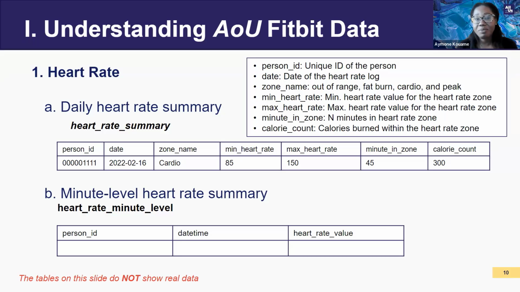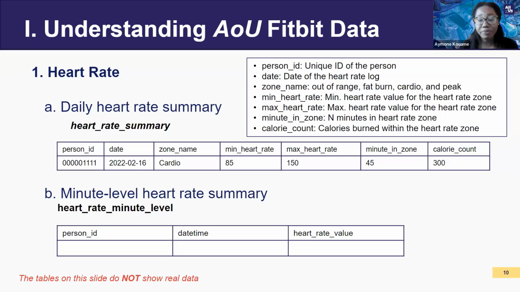Out of range doesn't mean no data. I know this name is confusing. It means anything below fat burn, with peak being the highest heart rate possible. Then you have the minimum heart rate and maximum heart rate, and the minutes the person spent in the heart rate zone. You also have the calories burned in the heart rate zone.